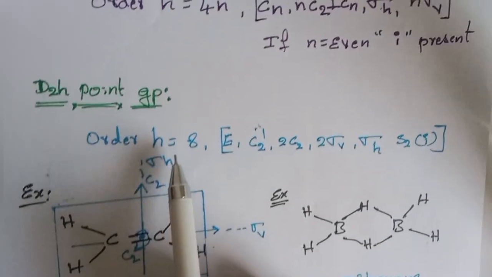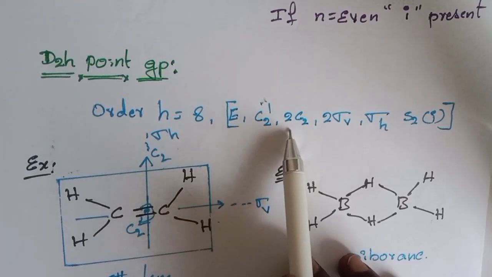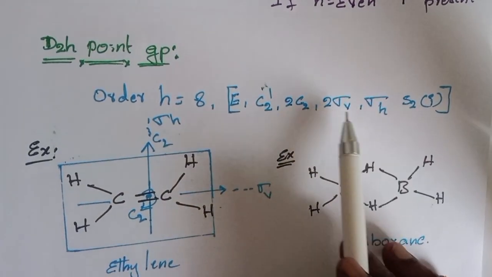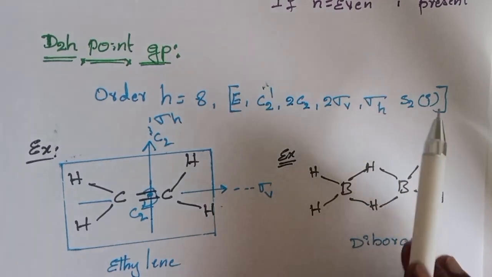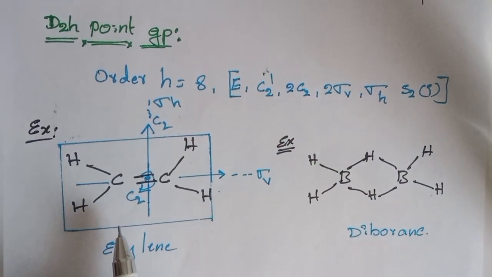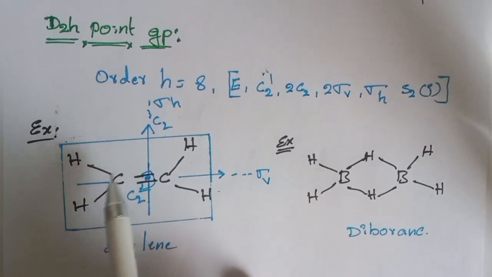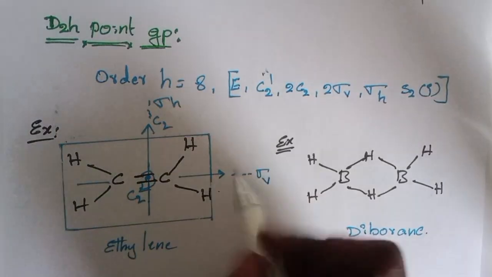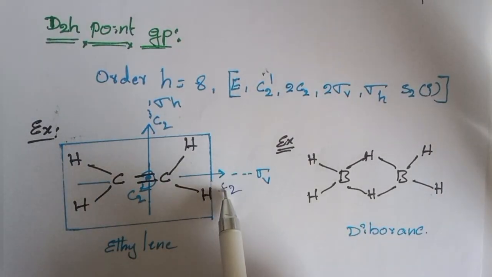Order for this point group is 8 and the symmetry elements are E, C2, 2 C2s, 2 sigma v's, sigma h and S2, which is nothing but i. So the example is ethylene. In ethylene, the C2 which is passing through the 2 carbon atoms is the principal axis of symmetry.